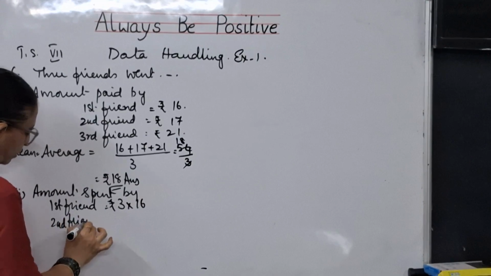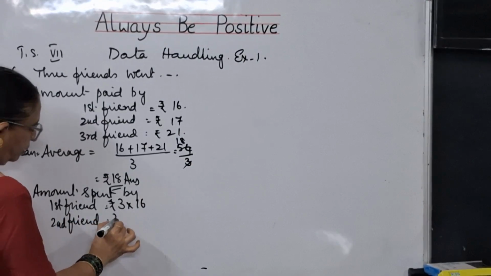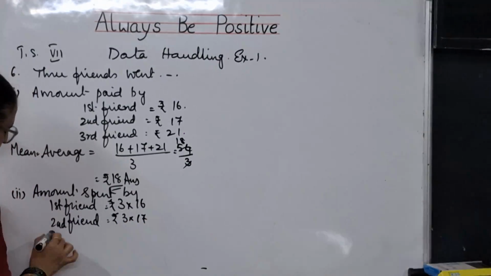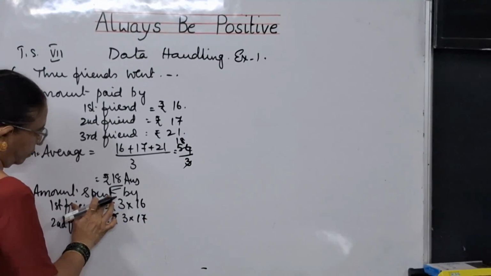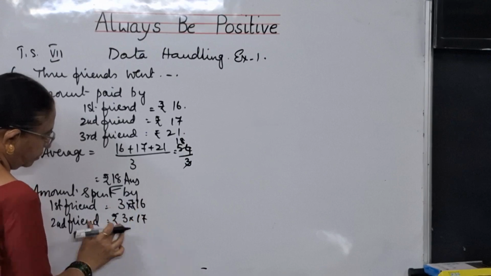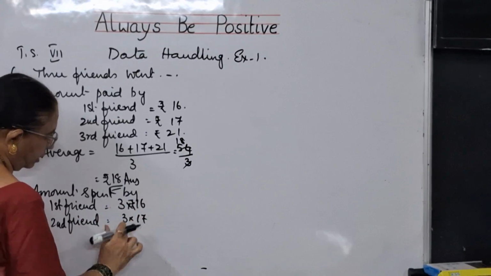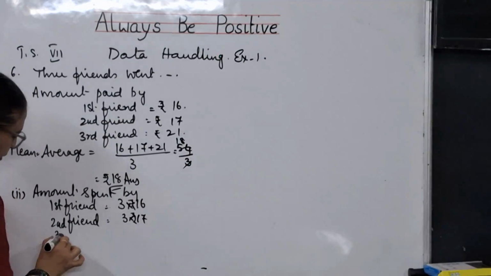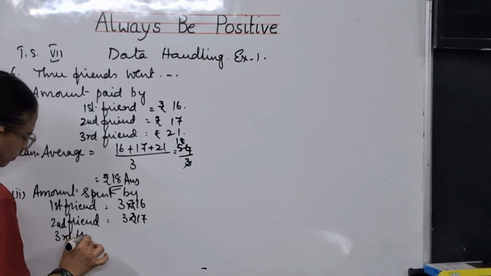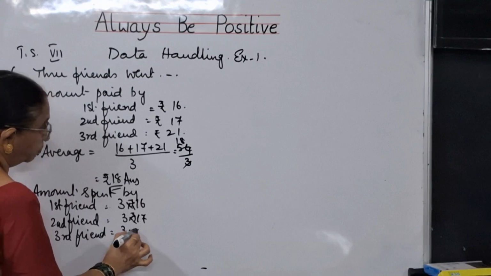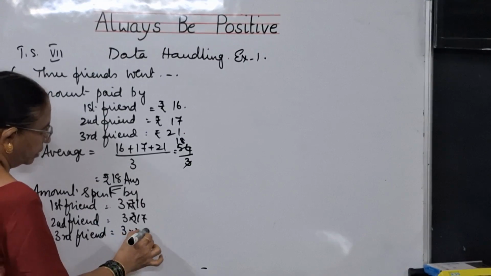Second friend is equal to 3 times of rupees 17. And third friend, 3 times of rupees 21.